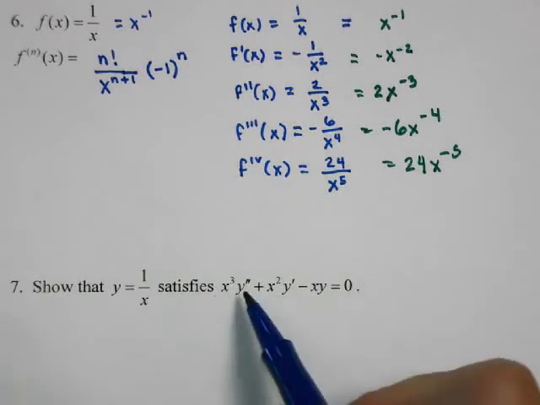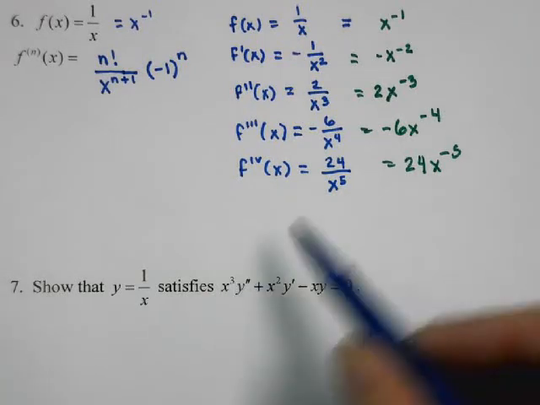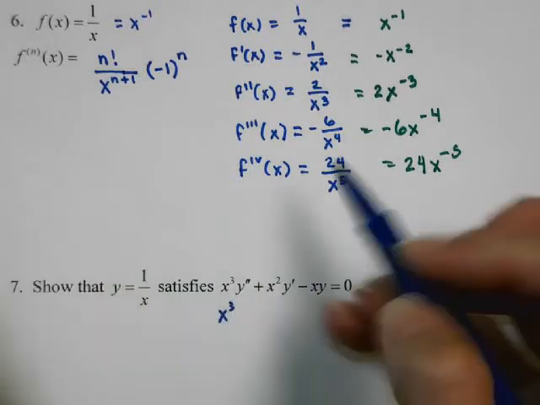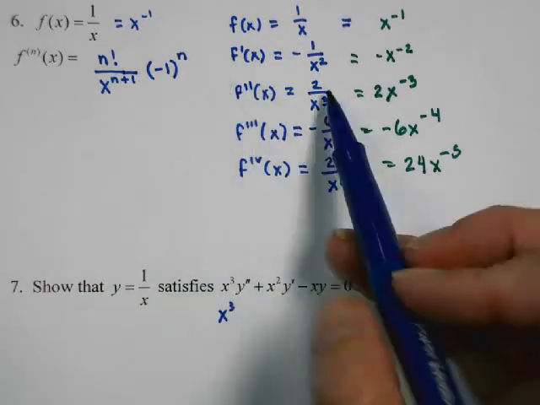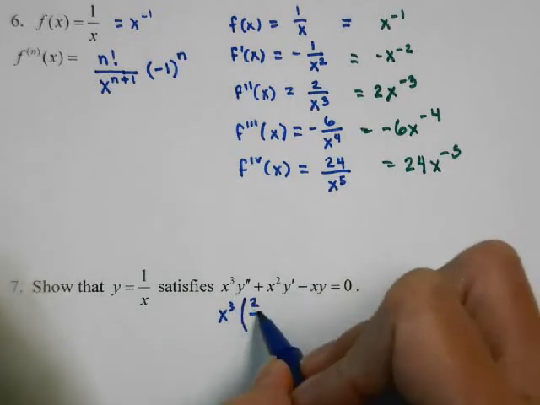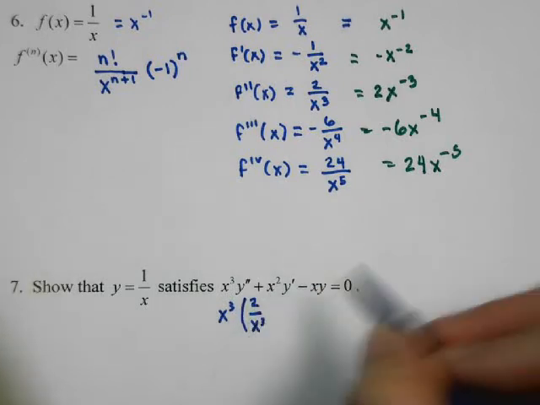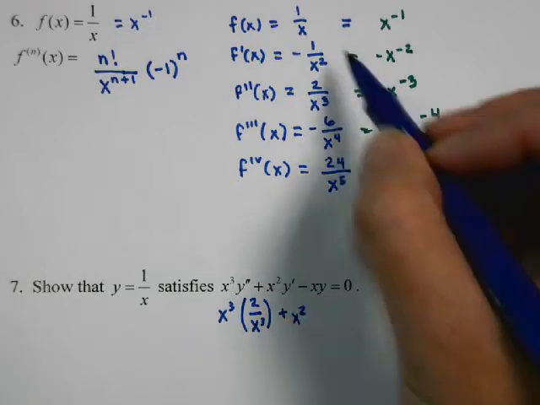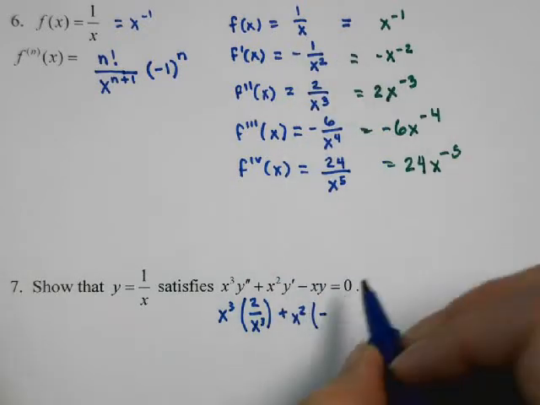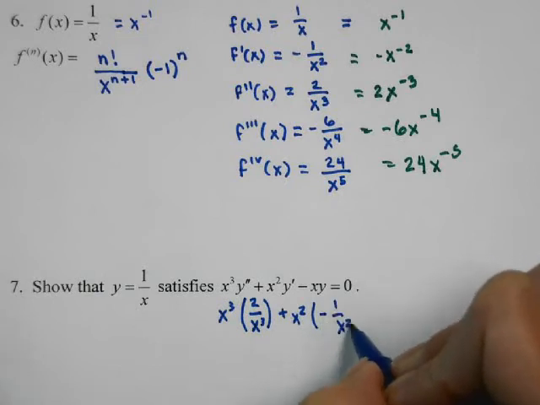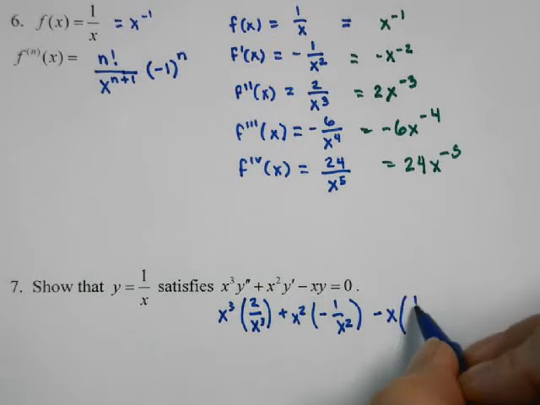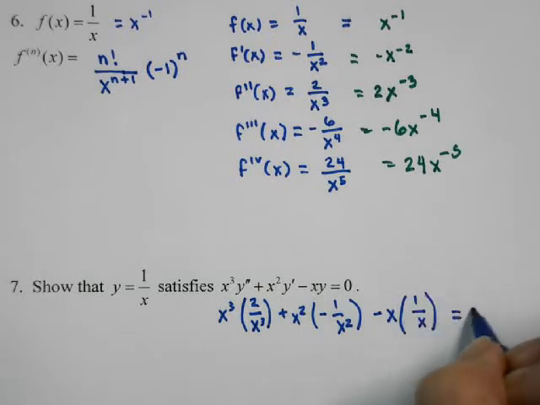So the x's will stay x's. We're just going to replace the derivatives with what they are in terms of x. So this is going to be x cubed times the second derivative, 2 over x cubed, plus x squared times y prime, which is -1 over x squared, minus x times y, which is 1 over x.